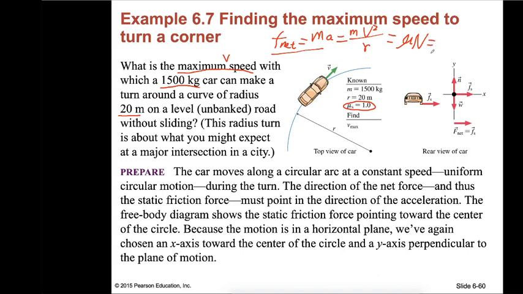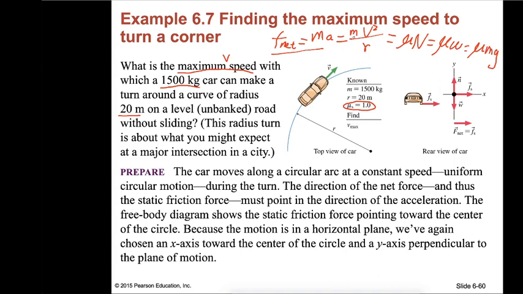N equals weight, because your car is on the surface of the road, so N and weight balance each other, and weight equals mg. This is the way we calculate the weight. Weight equals mass times g.